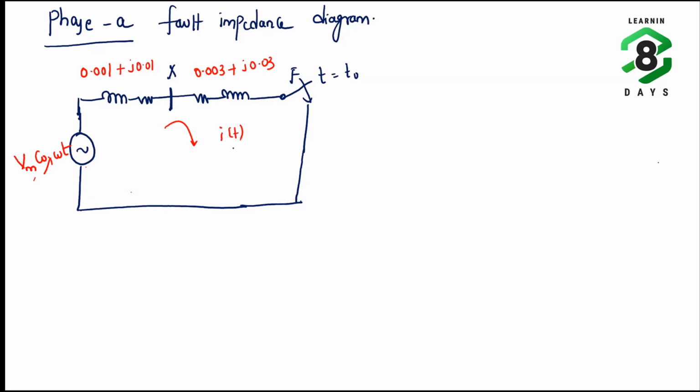If you apply KVL, what are you going to get? Vm cos omega t is equal to, what is the total resistance value? Total resistance value is 0.004, into I of t, R into I of t, plus what is the total inductance value? 0.04 into di of t by dt.